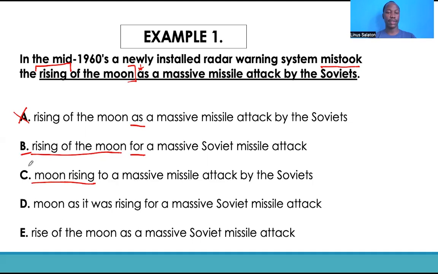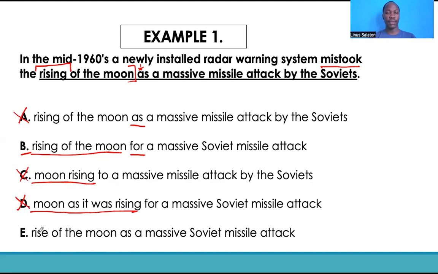So for that reason, eliminate C. D says mistook the moon as it was rising for a massive Soviet missile attack. Already, this is too wordy. Remember, the GMAT hates redundancy 100% of the time. So for that reason, and for the fact that clarity in meaning is obscured, we eliminate D.